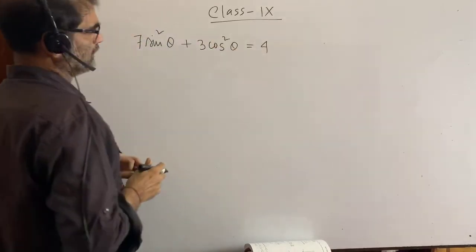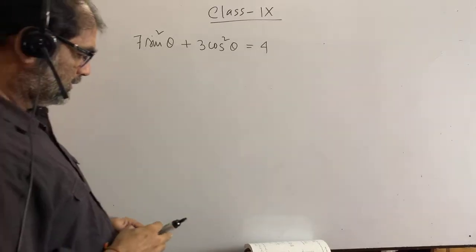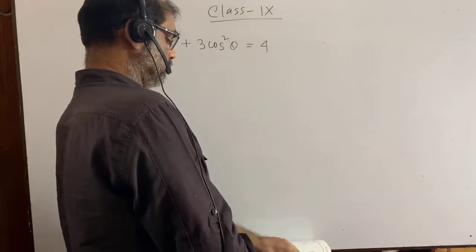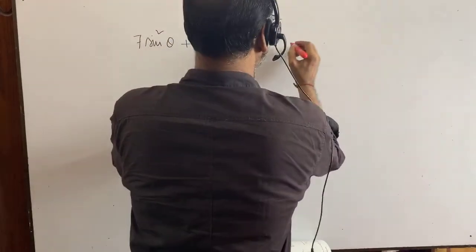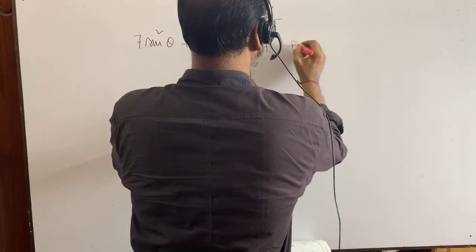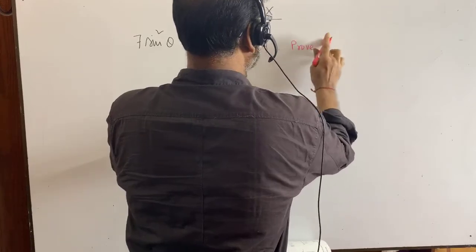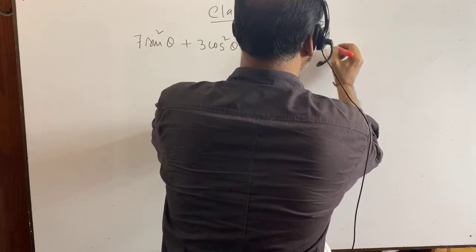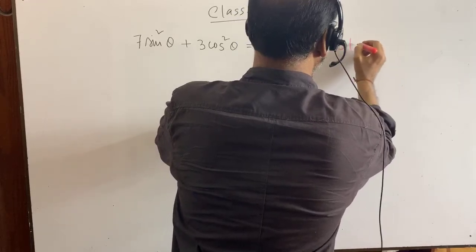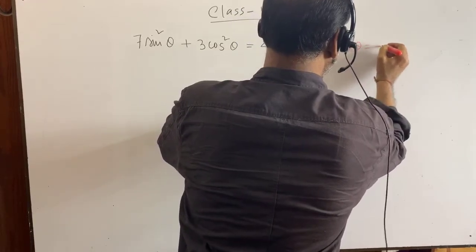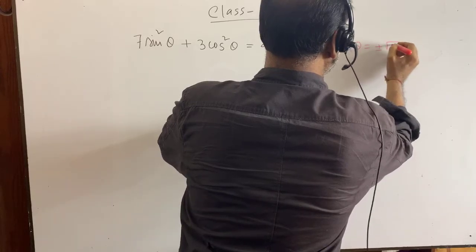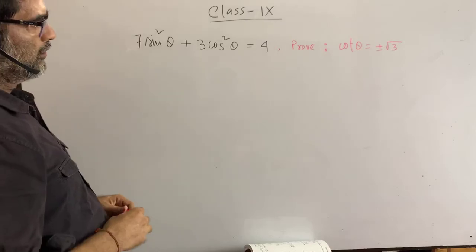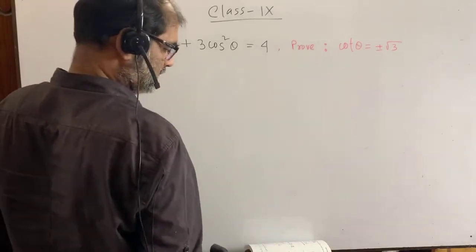This is given. And you are told to prove that cot theta equals plus minus root 3. This math is given.